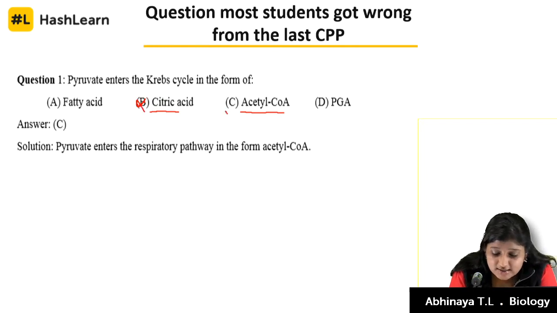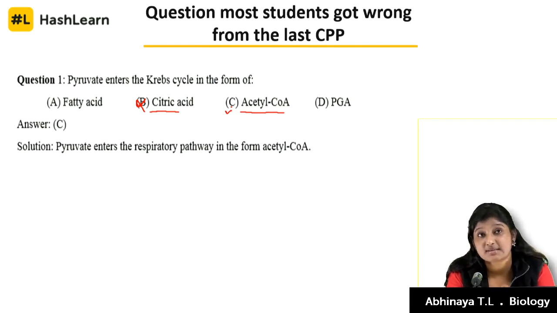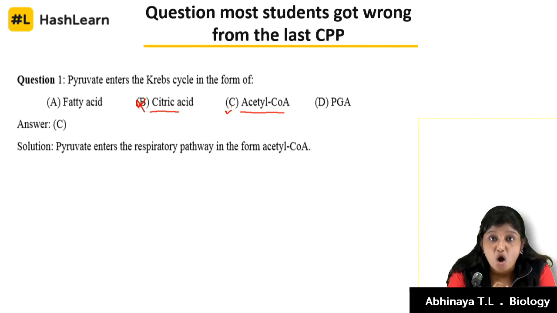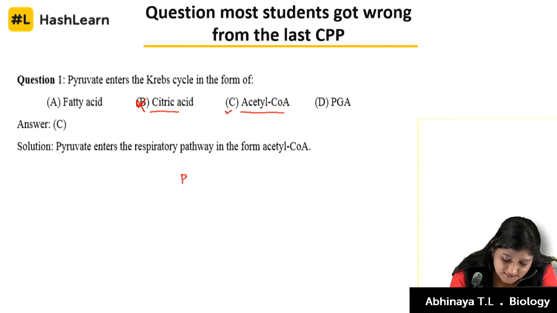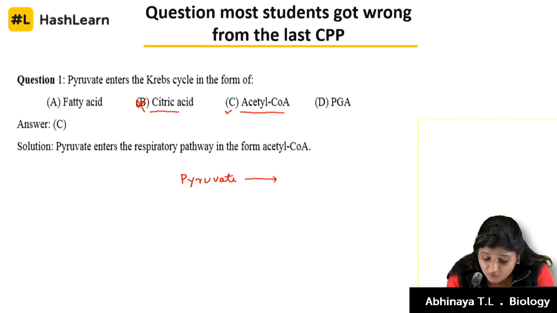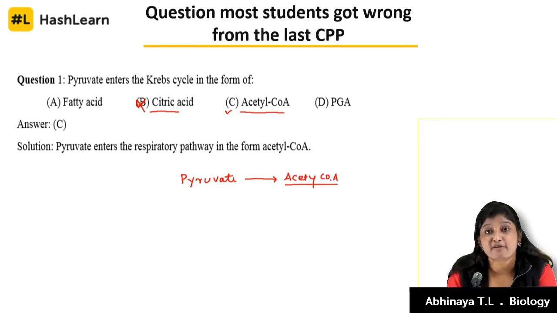The answer is C. Now, the question I am asking is: pyruvate enters the Krebs cycle in the form of what? I told you pyruvate is a little unstable to get inside the Krebs cycle, so that is why it gets converted into acetyl CoA. This is the stable form of pyruvate which gets inside the Krebs cycle.